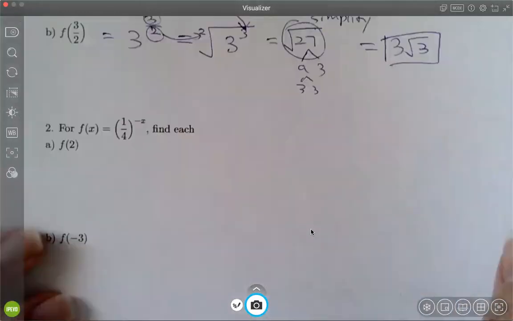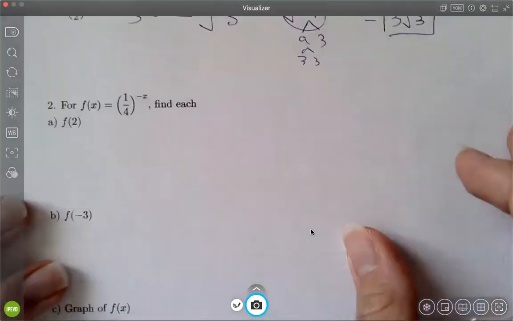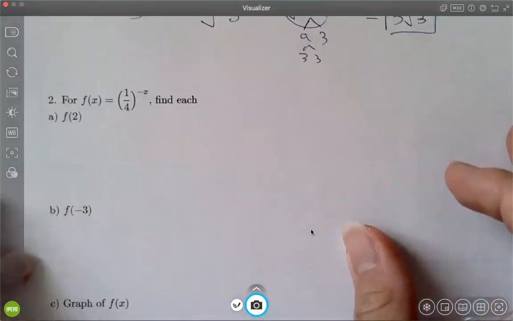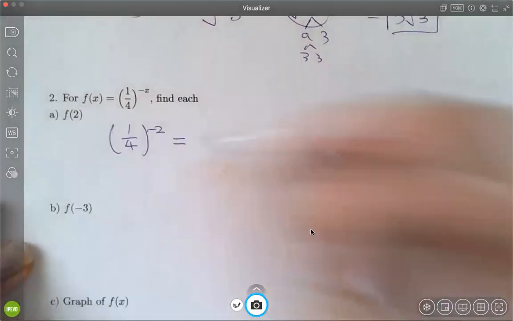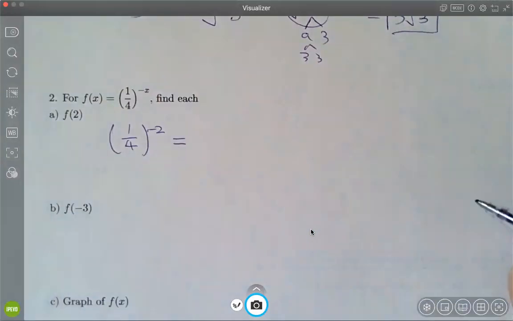Now, number 2. 1/4 to the power -x. Find each. f of 2. This means 1/4 to the power -2. And now, what is 1/4 to the power -2 equal to? -16? -8?